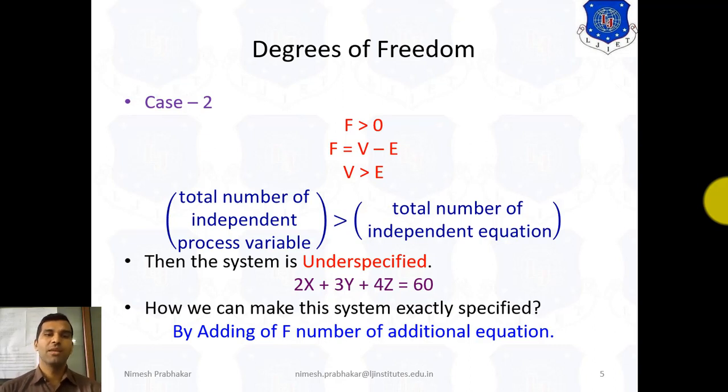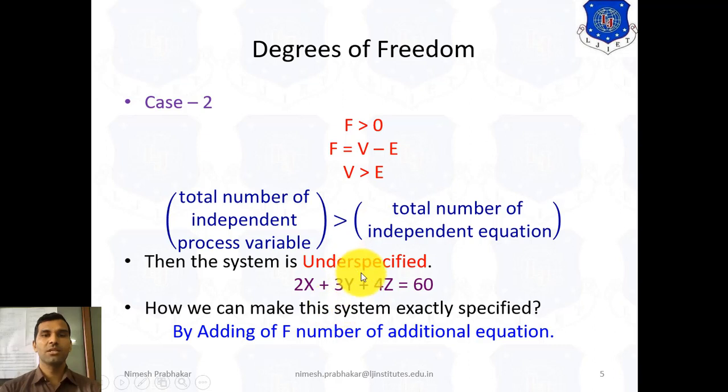That means if we add 2 more equations in this system, where here we have one equation, then the total number of equations is 3 and the total number of variables is 3. So we can easily find the x, y and z values. At that time the degrees of freedom is 0 and the system is known as exactly specified.